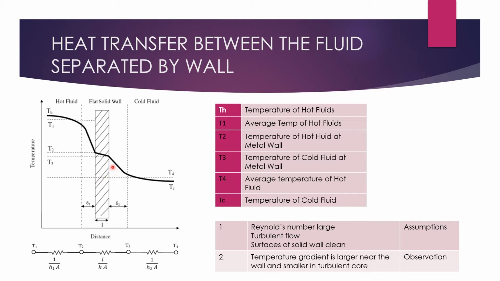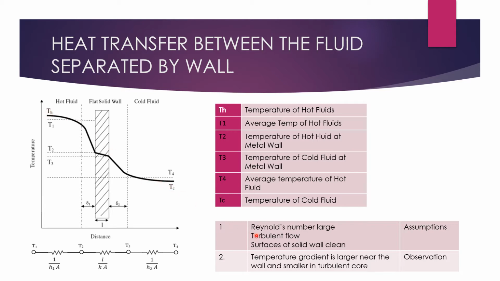Similarly, for the cold fluid also, the temperature gradient is larger near the surface of the wall, that is in the boundary layer, and smaller in the turbulent core. The reason is that the layer near the wall is stagnant, so conduction takes place. That's why the temperature gradient is larger in this region and comparatively smaller in the turbulent core.